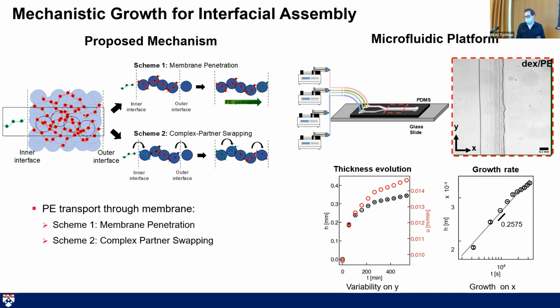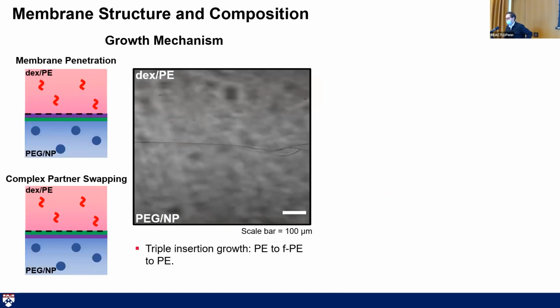So the question now is, how am I going to use this microfluidic device, this membrane, to distinguish between these two growth schemes? To do that, we take advantage of what is called sequential deposition. This schematic here shows you the thinking. The idea is, what happens if we change our polymer populations? Let's say I grow a membrane with population 1, which is non-fluorescent.